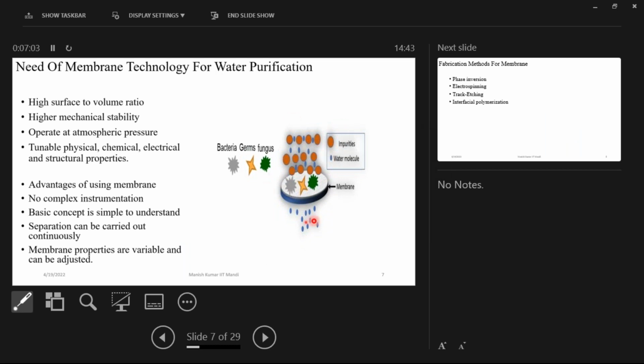The membrane system has a three-layer structure. One is a porous structure, which is the support layer. Then there is this nanofibrous membrane, which is basically nanofiltration. Bacteria, germs, fungus, and impurities like heavy metals and colors can all be removed using this membrane technology. It will allow only water molecules to pass.